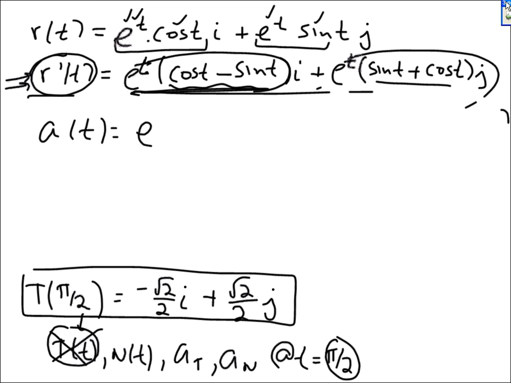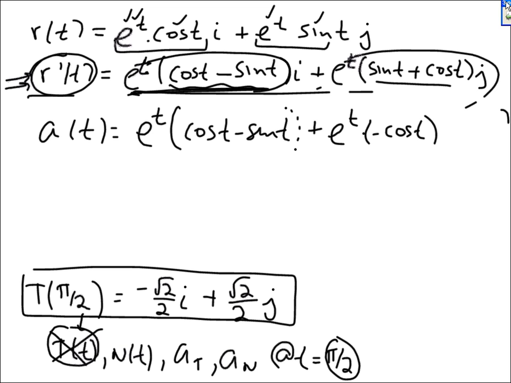The derivative of the first function is e to the t, times the second one, cosine t minus sine t, plus the first function, which is e to the t, times the derivative of the second. I can factor out the e to the t. It's always going to be able to be factored out.